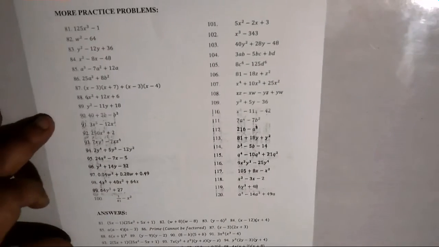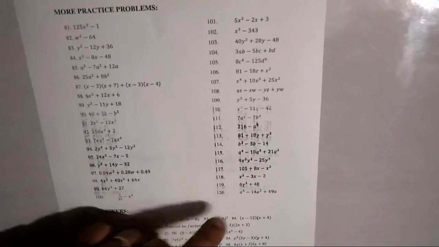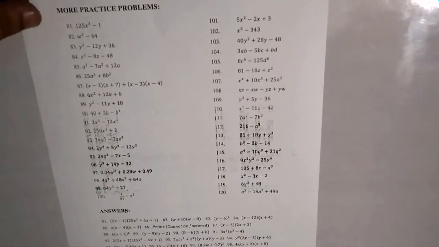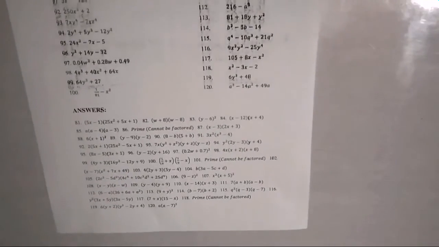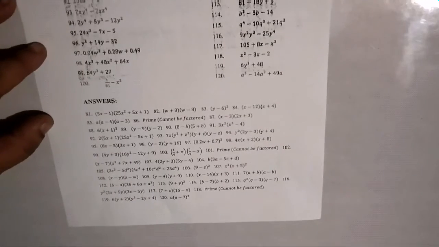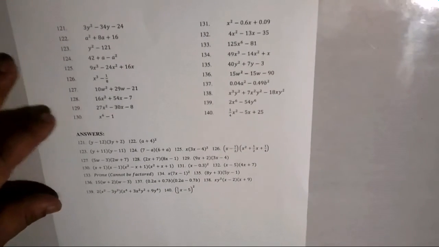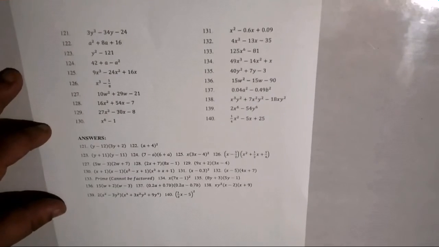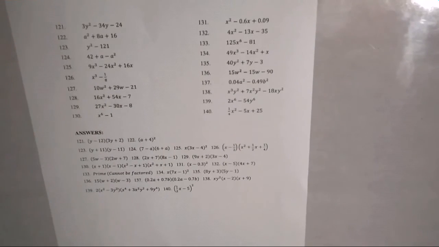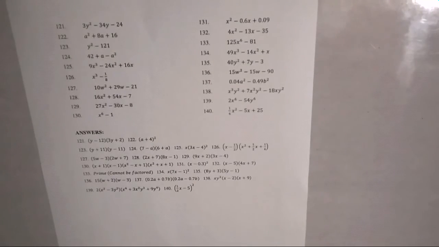Here the questions are from 81 to 120, so you can do these questions also, and these are the answers. So you can do it yourself, and if you find any difficulty please comment below the lecture, and then we can find the answer for that also. If anybody has any problem, they can tell us, so a separate video could also be made for the answers of these questions.